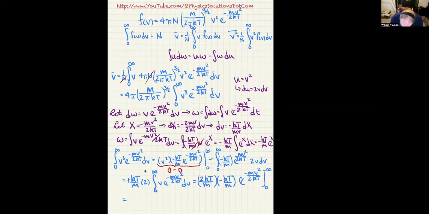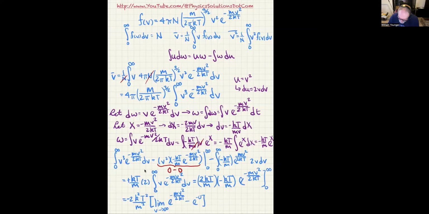So now I have 2, and I have a negative, and I have a k squared, and a t squared, and an m squared in the bottom. And now I need to evaluate e to the negative mv squared over 2kt as v approaches infinity. In that case, you get the limit as v approaches infinity of e to the negative mv squared over 2kt, minus e to the negative 0.